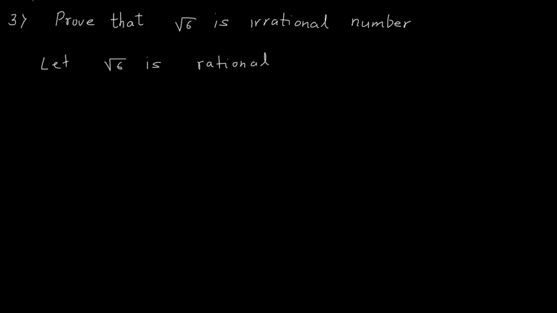I am solving this problem because this is a little different from the previous problems, because till now whatever problems we have seen were all prime numbers like 5, 7. Now here the number is not a prime number, it is a composite number 6. So let root 6 be a rational number.